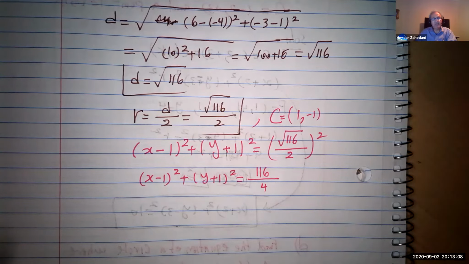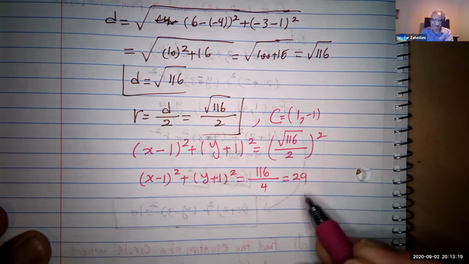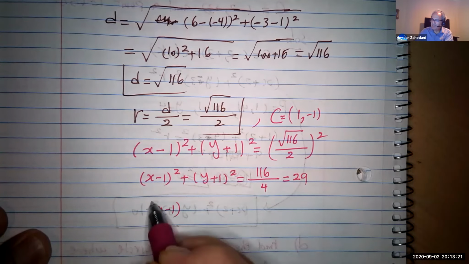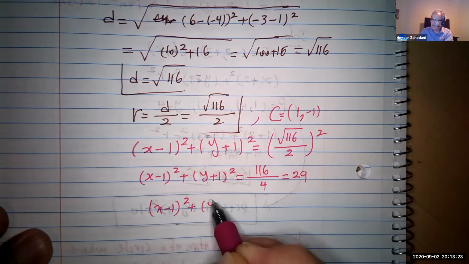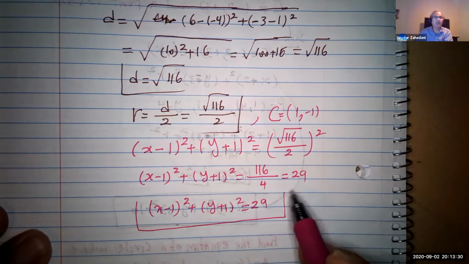Okay, any question? So it is divisible. That gives you 29, I think that's right. So (x − 1)² + (y + 1)² = 29. So that gives you the final answer.